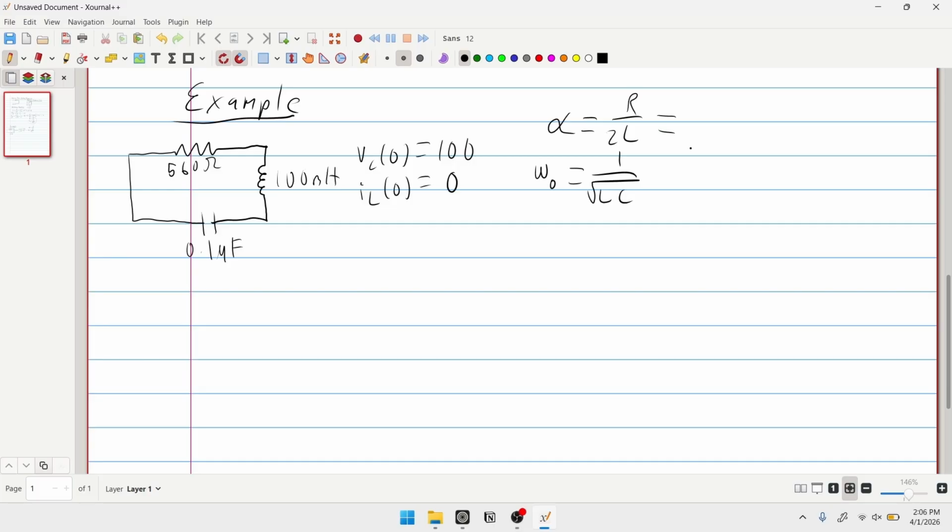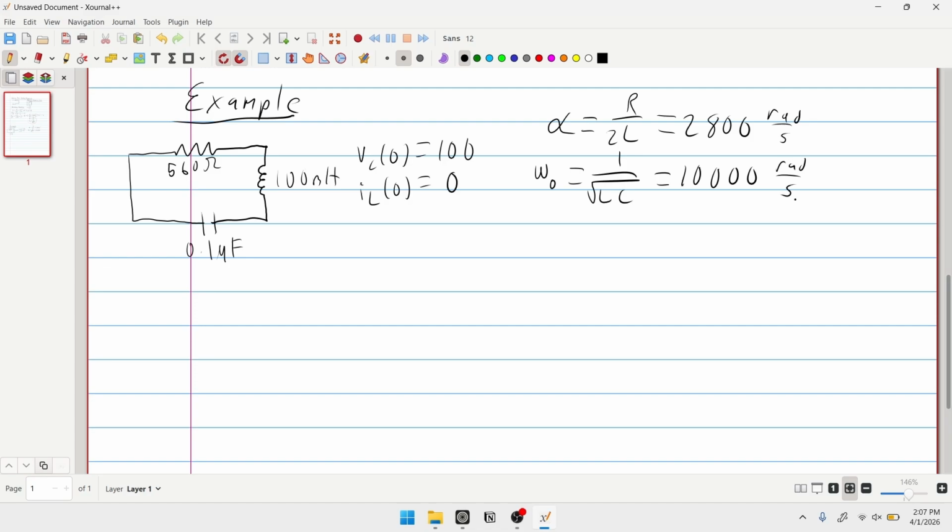We find that alpha is equal to 2800. Sorry, bad handwriting. It's equal to 2800. And our omega naught is equal to 10,000. And these are in radians per second.